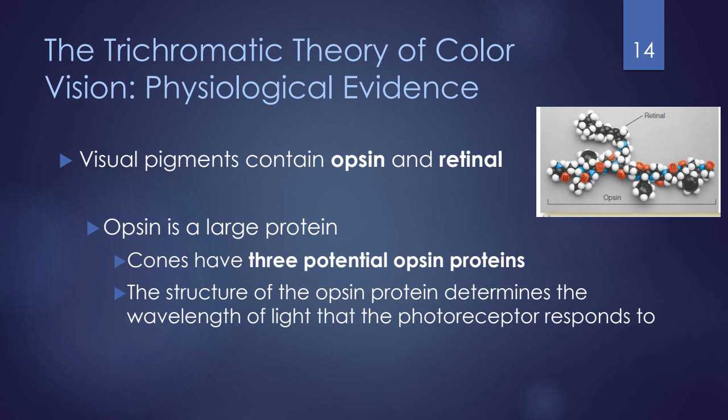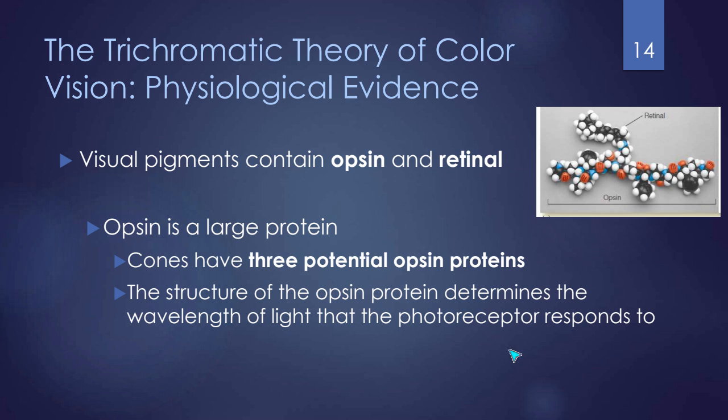So anyway, before we get to that, all visual pigments contain opsin and retinol. Opsin is that large protein here, and retinol is the molecule that comes off it. So all the visual pigments contain opsin and retinol.